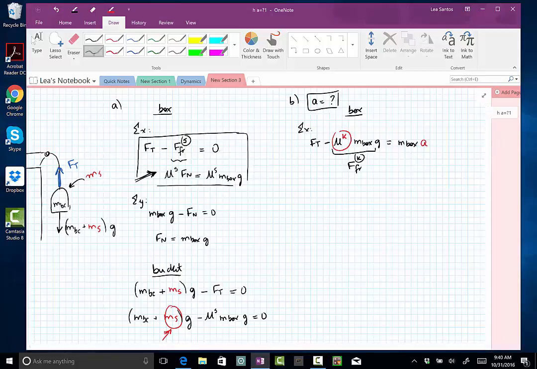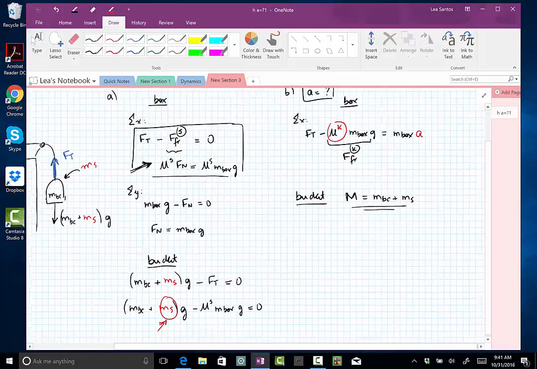Now, if we go for the bucket, what I'm going to do for the bucket is I'm going to call big M the mass of the bucket plus the mass of the sand, because we already found the mass of the sand, so I have now a number here. All right, so what is the equation for the bucket?